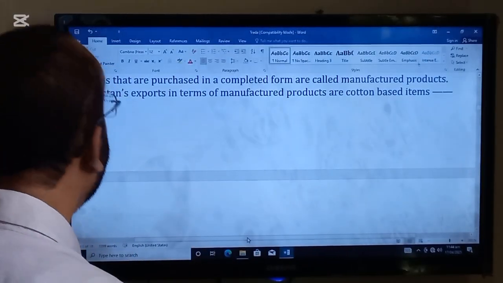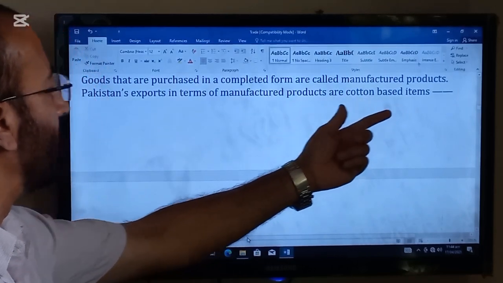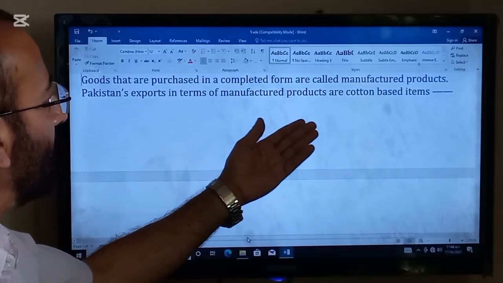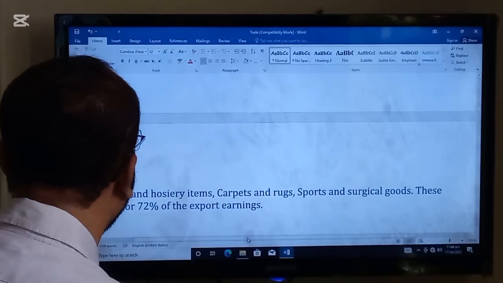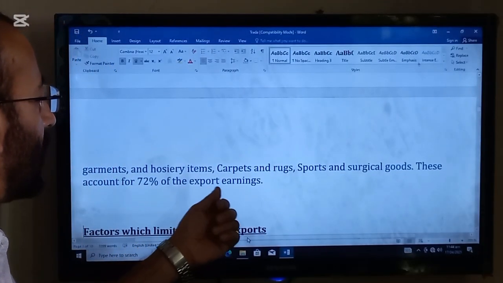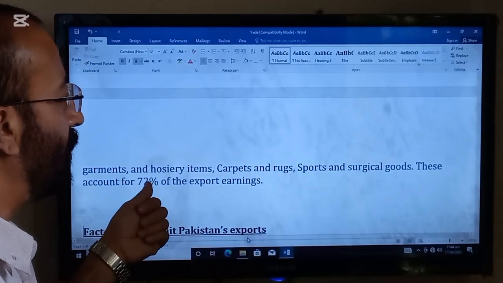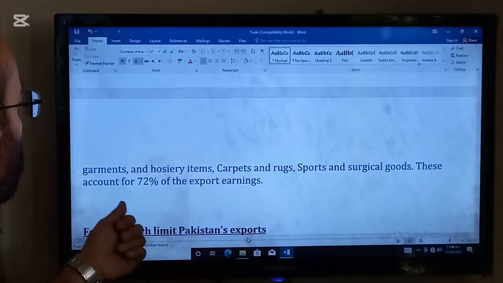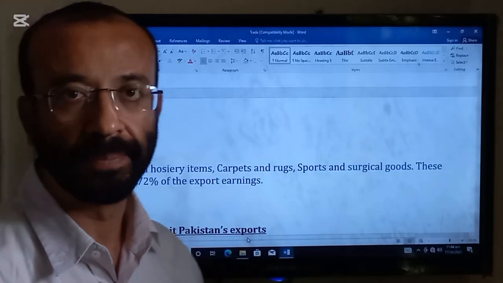Next, goods that are purchased in completed form are called manufactured products. Pakistan's exports in terms of manufactured products are cotton-based items, for example, garments and hosiery items, carpets and rugs, sports and surgical goods. So these are the finished products exported by Pakistan to the rest of the world, and these account for 72% of the total exports of Pakistan.